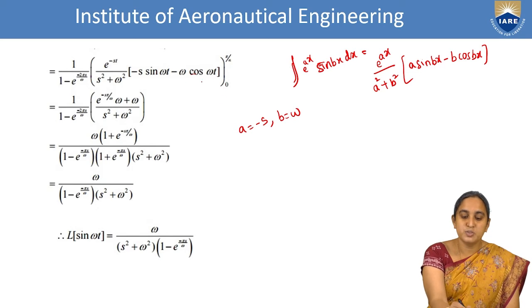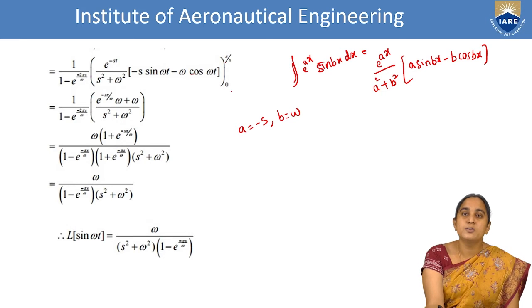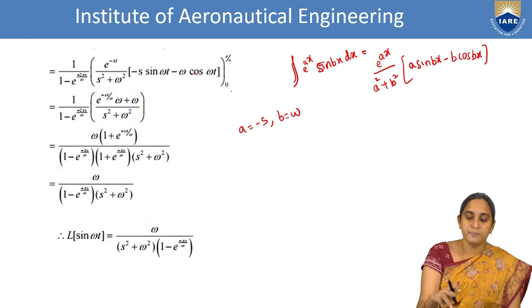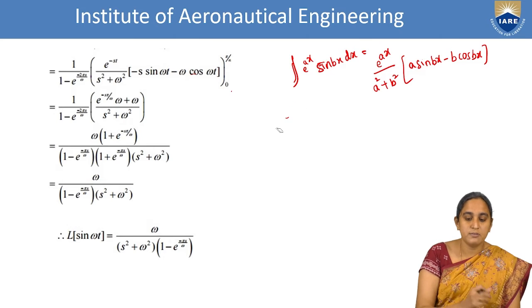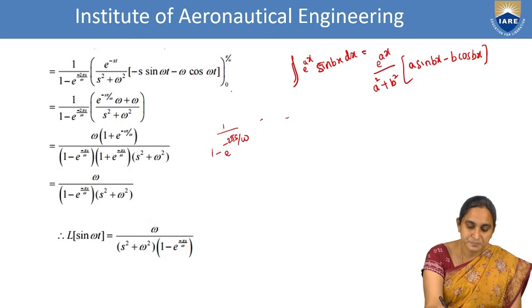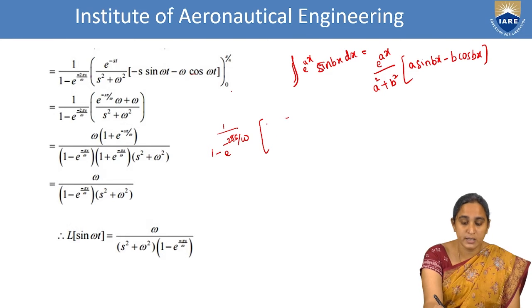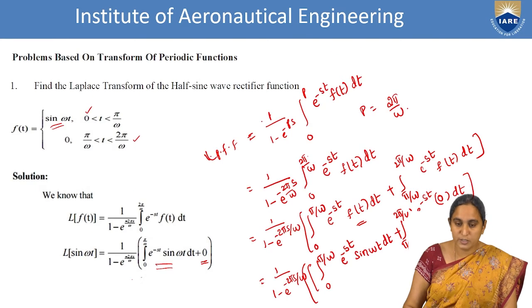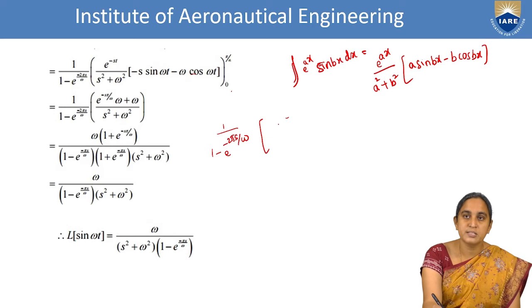After substituting the formula, then substitute the limit points. What are the limit points after applying the formula here? The limit points are 0 to pi by w. Now I am substituting the limit points here. That is 1 by 1 minus e power minus 2 pi s by w into, here the integration is with respect to t, so you have to substitute the limits in terms of t only.